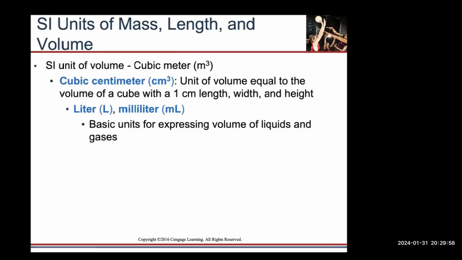So when we talk about volume, the SI unit for volume is cubic meters, but often we will use liters and milliliters. We'll use cubic centimeters. So you will know now, 1 cubic centimeter, often we'll say cc, is going to be equal to 1 milliliter. And we also know that this is cm cubed.